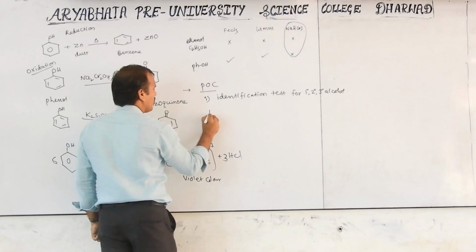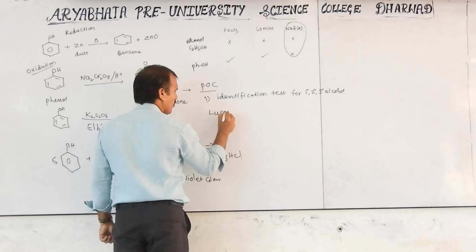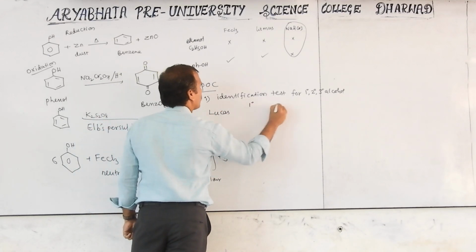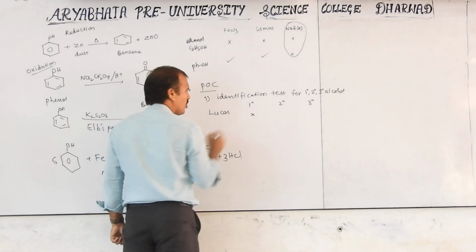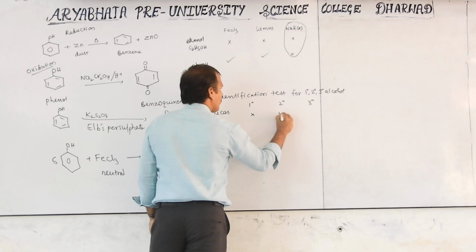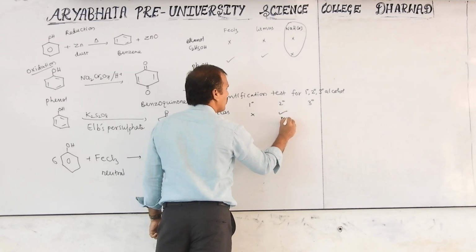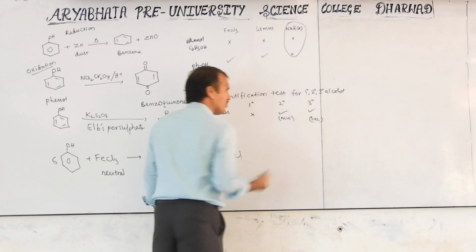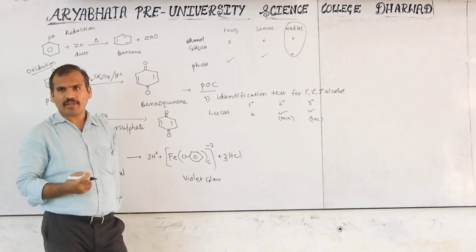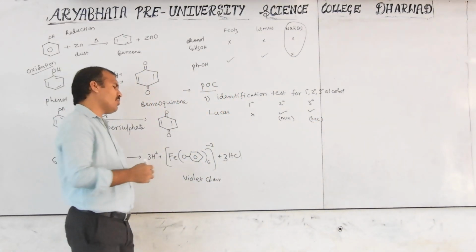One is the Lucas test. Primary, secondary, tertiary: primary does not give in normal condition, secondary gives in minutes, tertiary gives in seconds. Like this we can identify. Already given this explanation.